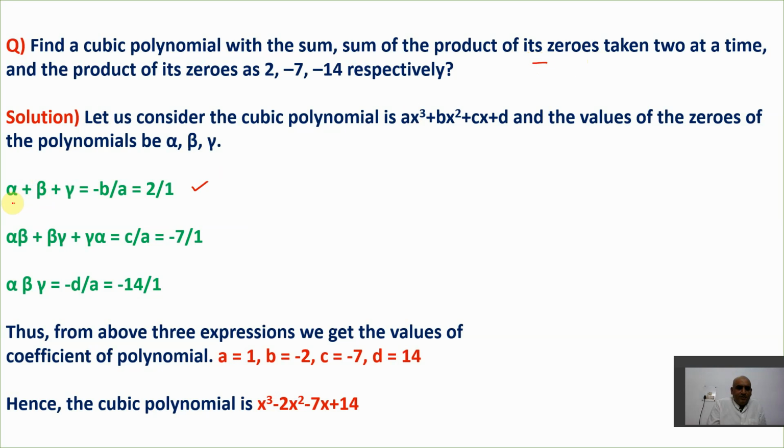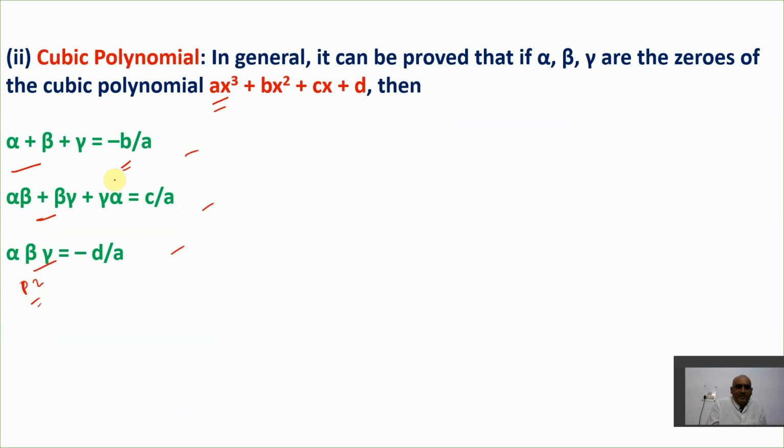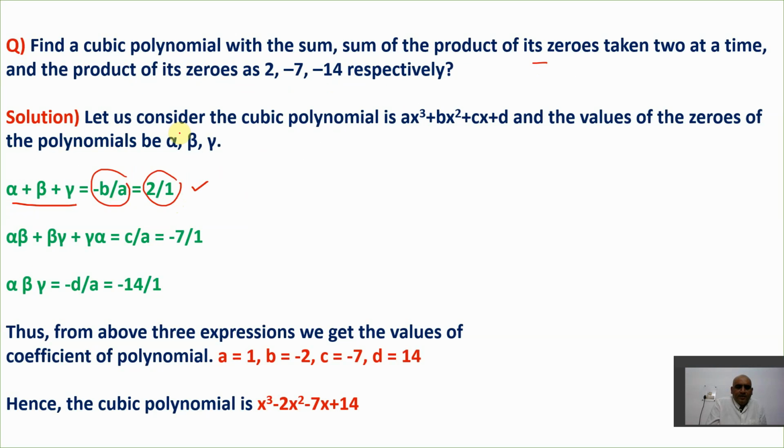So we have a cubic polynomial with the sum part. Alpha plus beta plus gamma, the value is given to you, that is 2 by 1, because that is equal to minus b by a. We have just now gone through the formula here, right? So that is 2 by 1, right?